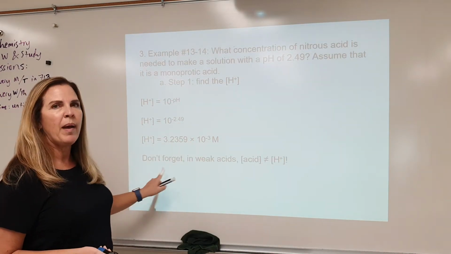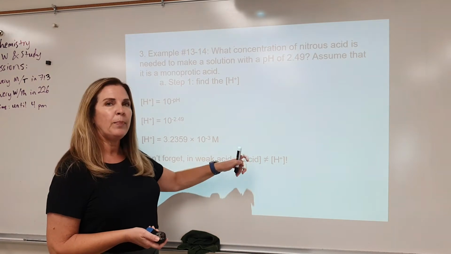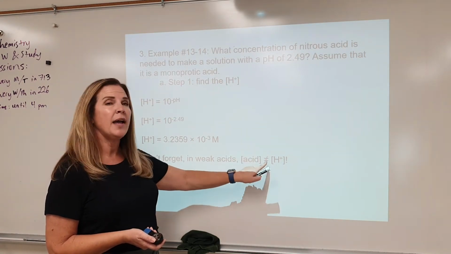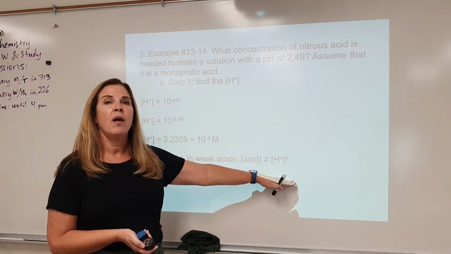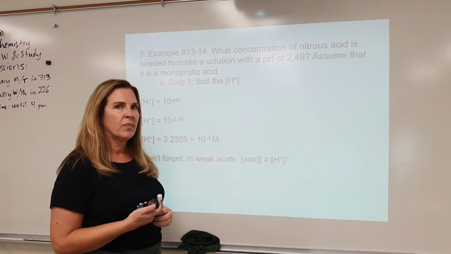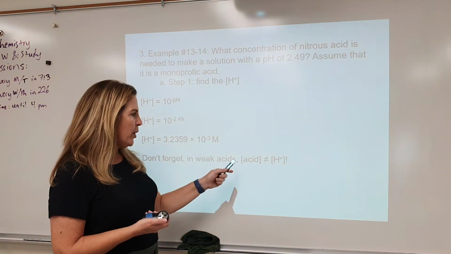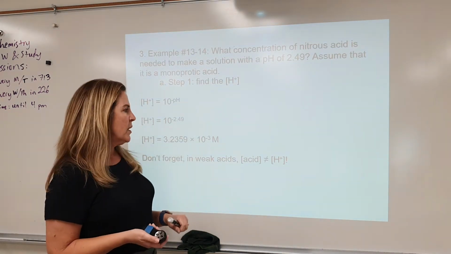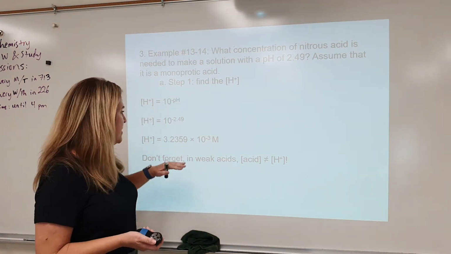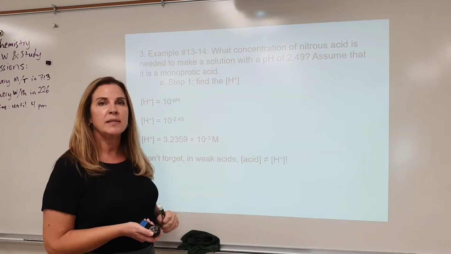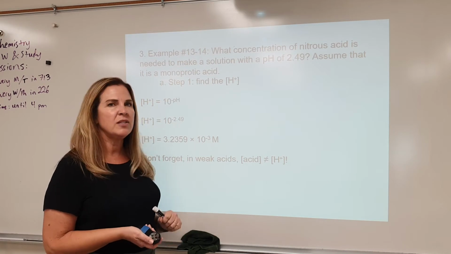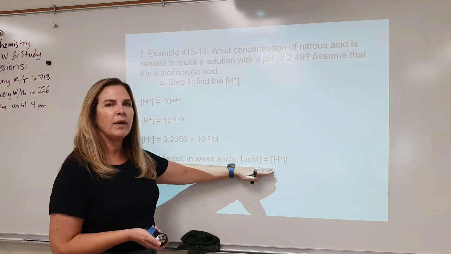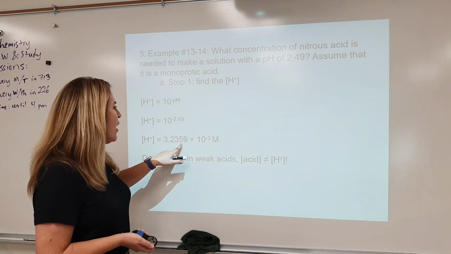We do need to remember that nitrous acid being weak means that the concentration of acid does not equal the concentration of hydrogen ion. Remember, if nitrous acid were a strong acid, then we could say that this answer and the concentration of our acid are the same, but it's not. Nitrous acid is weak, and again, very, very important. So we're not done yet.